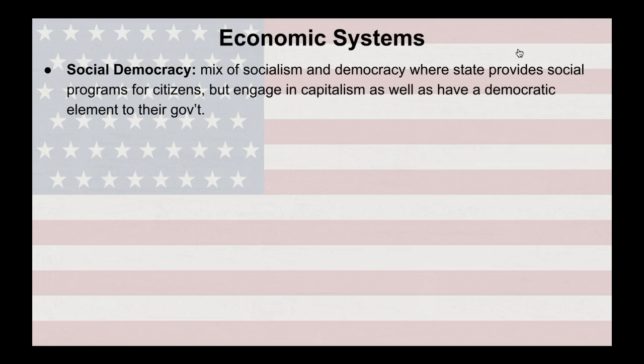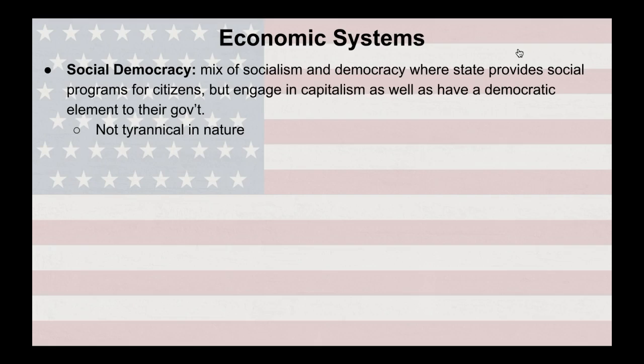Okay, and we're going to see this occur in places like Sweden. Sweden provides social programs for citizens, but they have a democratic element to their government, right? And so instead of owning all of the means of production, what they do is they place a higher tax on individuals who make more money, and then they take that money from the tax and they create social programs for the citizens who are less fortunate.